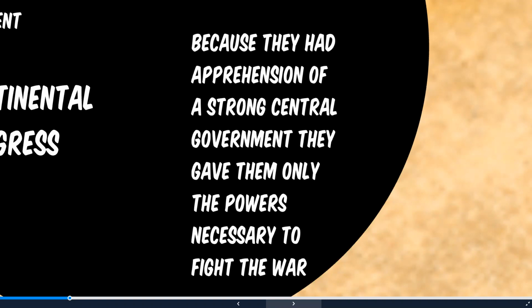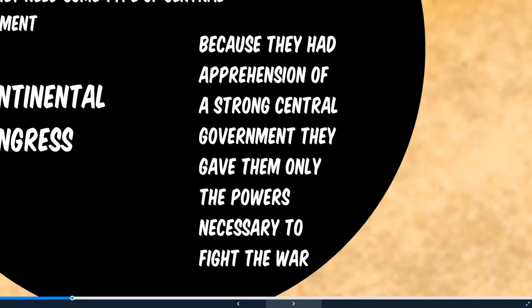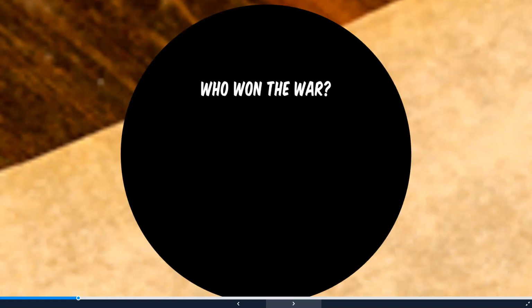We hate a central government so much. We know we need it for the war. So the only powers we're going to give this central government are the powers necessary to fight the war. And that's all the powers our first Congress had, was the power to fight the wars. They didn't have any powers to pass laws, to tax people. The only power they had was to fight the war.